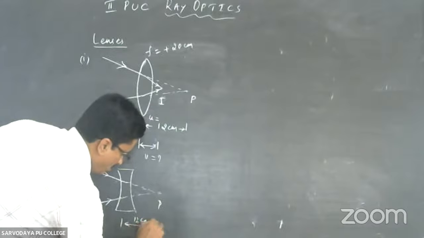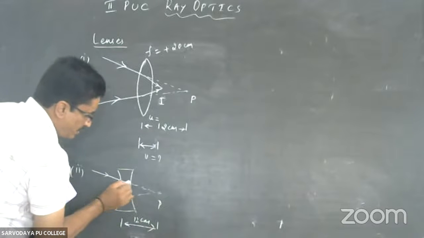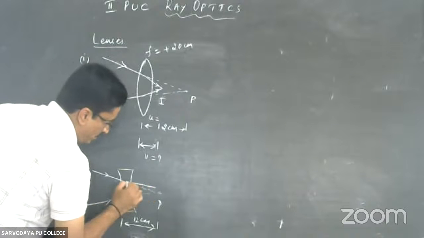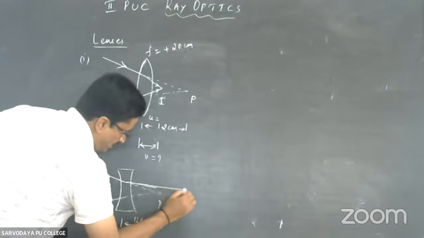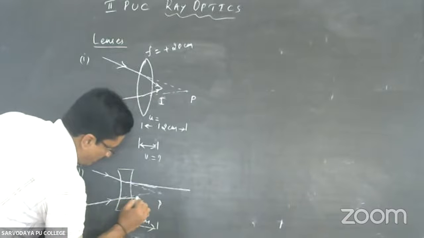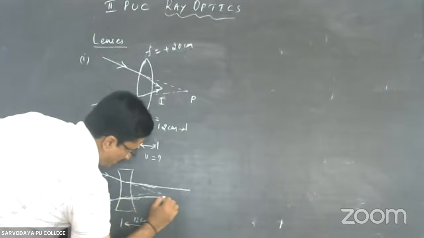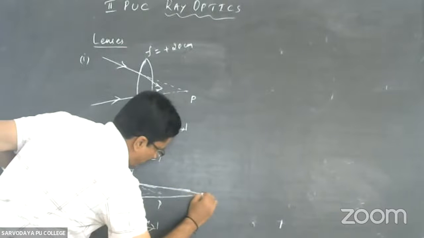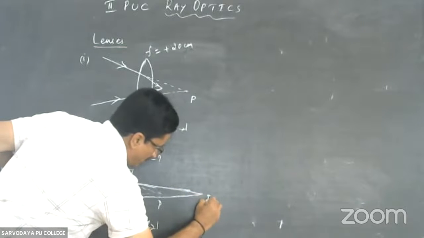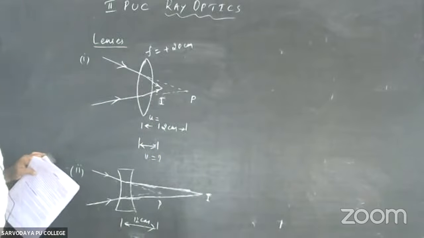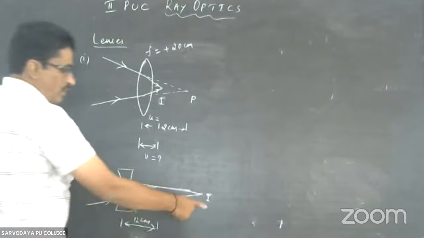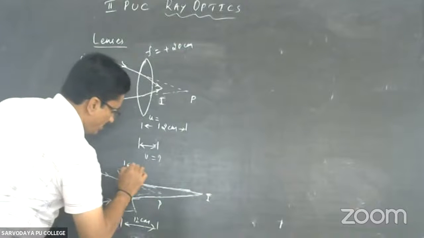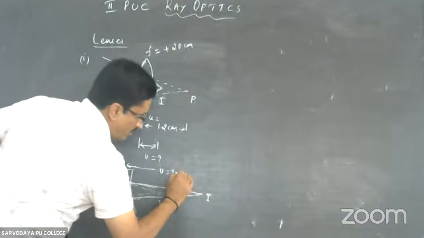But as this is a diverging lens, it won't increase the convergence, but it decreases the convergence. Therefore, the rays, instead of converging at the point P, converge at some point here, and this itself is I. That means the point of convergence moves away from the lens. This we have to consider now as v, and this also we have to find.